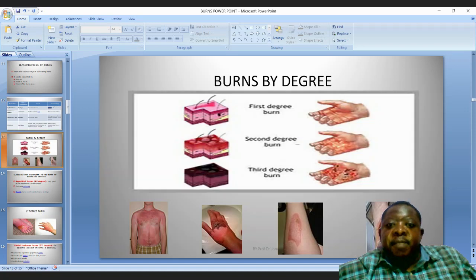Okay, so burns by degree, we have first degree burns, second degree burns, and third degree burns.